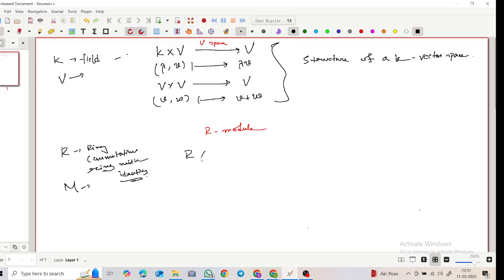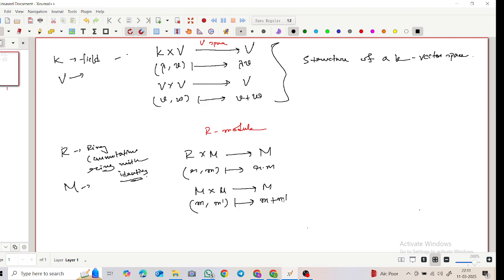So the module structure consists of these two maps, the scalar product R times M and the addition. You can observe these two are very much the same.